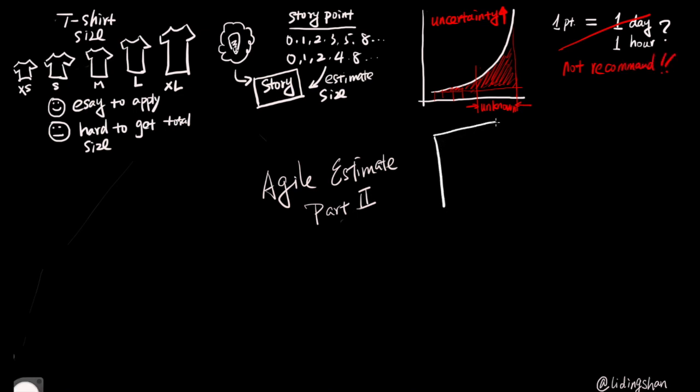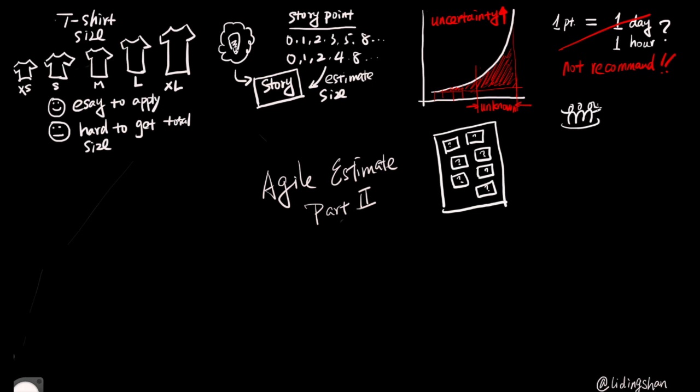Then, how do we estimate practically? Let's say the team has initialized a backlog with a bunch of stories and needs to initialize the backlog with the estimation. The team can have an estimate workshop.